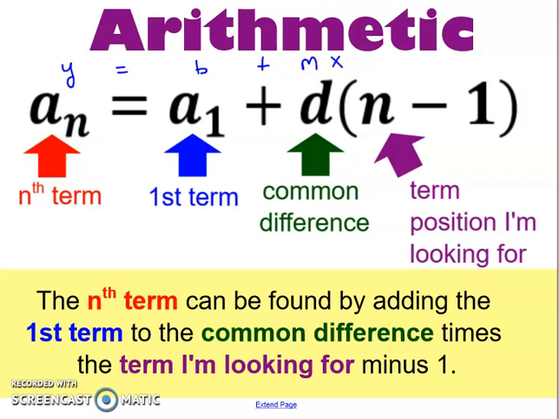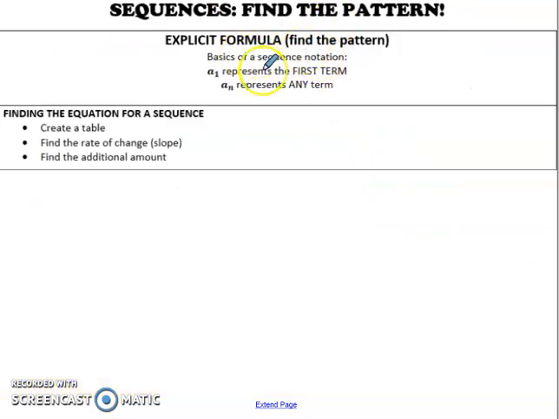Okay, very much the same thing. So explicit formula, just keep in mind we are finding the pattern. What's our equation? A_1 is the first term, A_n is any term. Okay, that's to generalize. Do the same thing. We're going to create a table, find our rate of change, which is slope. Rate of change is slope. We're going to find the additional amount.